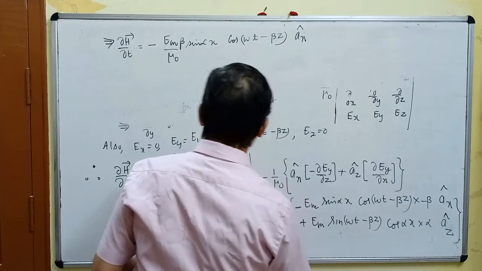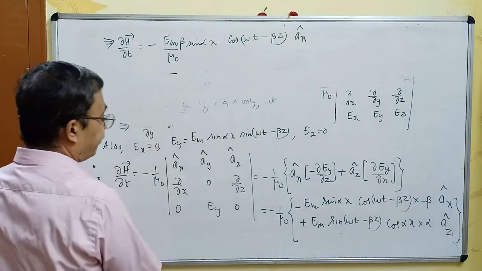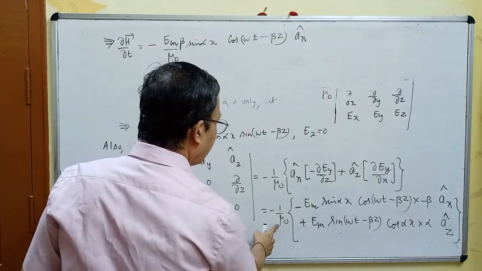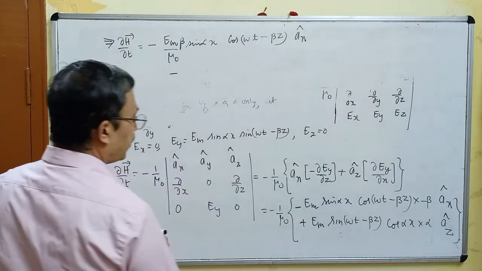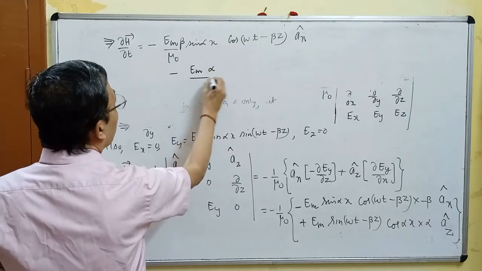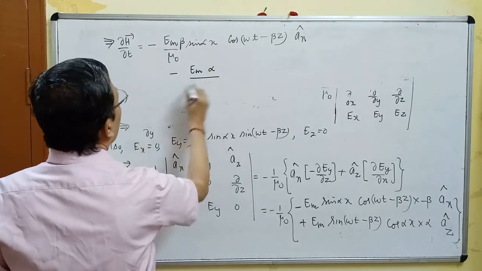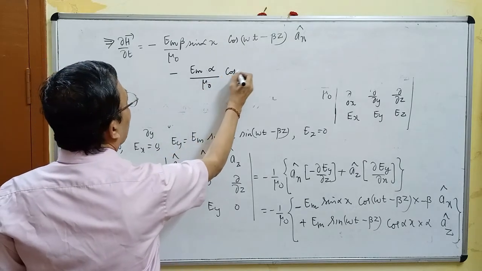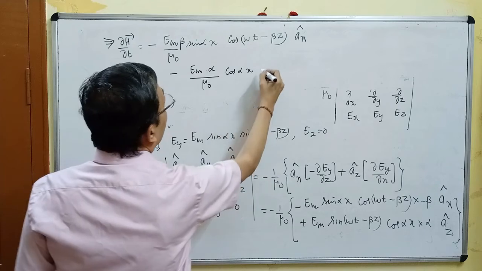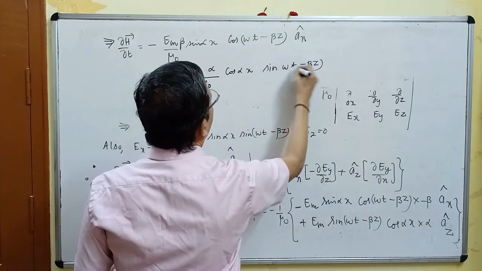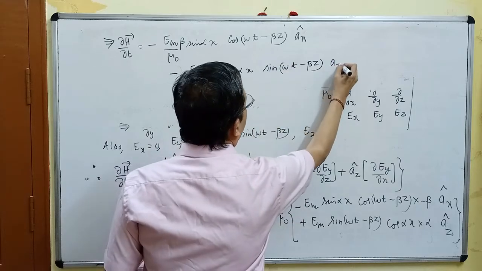Here plus into minus is minus, so minus Em into alpha divided by mu naught into cos alpha x into sin(omega t minus beta z) into Az cap.